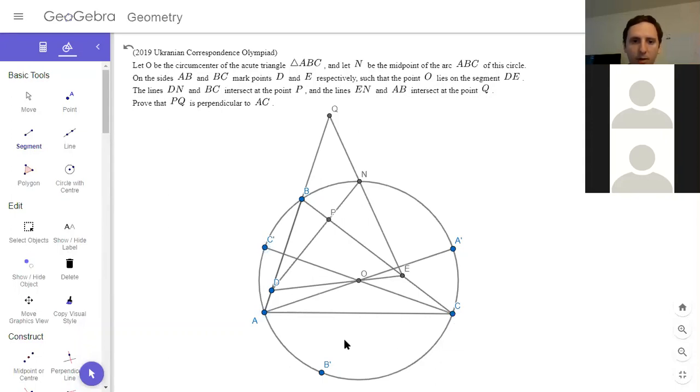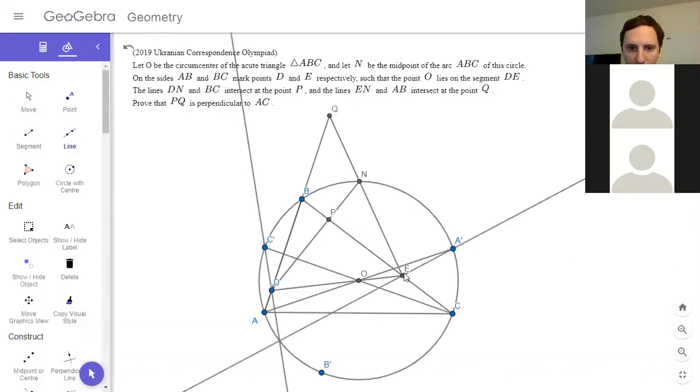So then by Pascal's theorem, CD and C prime D and A prime E meet on the circle. Yeah, I don't know if that helps us with this problem though. But that's like a common trick. We'll just draw it in anyways, why not?